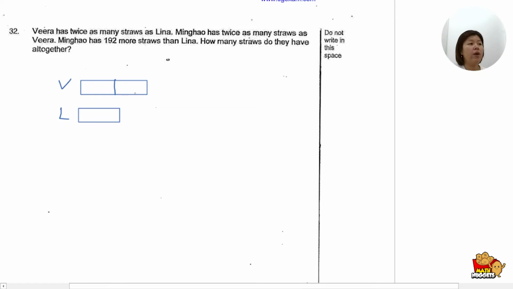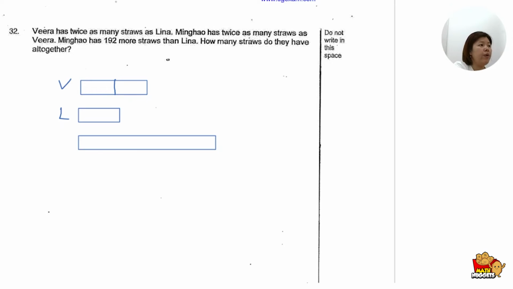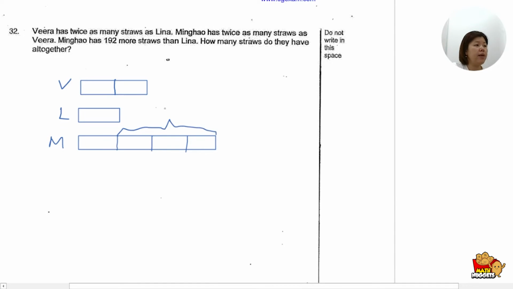And then Ming Hao has twice as many as Vera. So if you can see, Vera is 2 units. So Ming Hao will have 2 times 2 equals 4. So this is Ming Hao. And then Ming Hao has 192 more than Lena. So if you can see, from here to here is the more than. So all these are 1 unit.